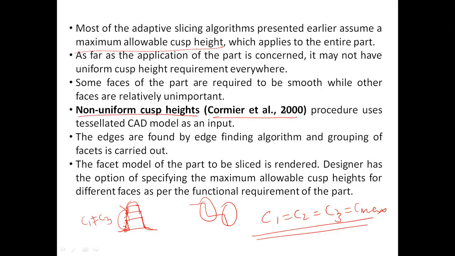Another thing that he considered was edges. In most cases, as I explained, the edges were considered to be rectangular. But for non-uniform cusp heights, the edges were actually found out to be parabolic in nature.